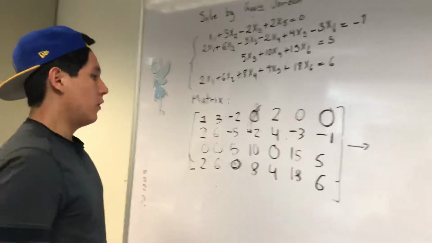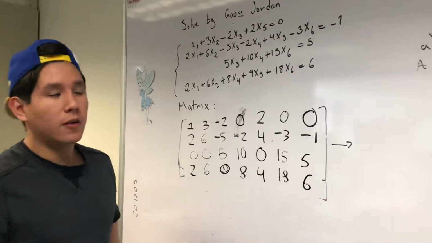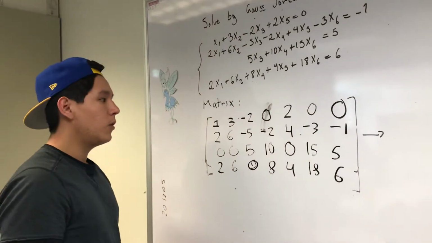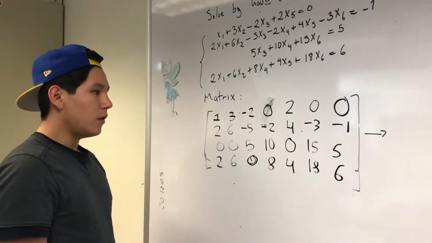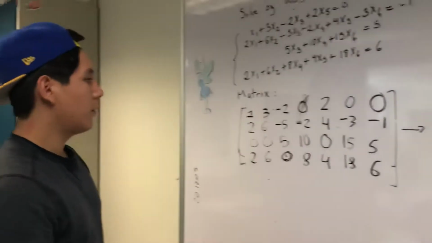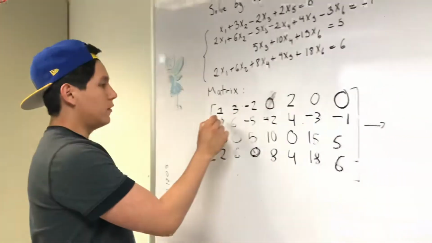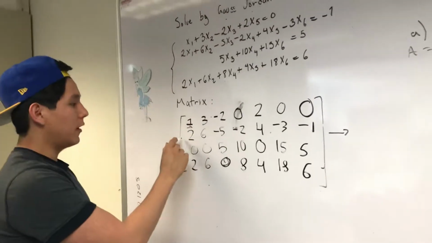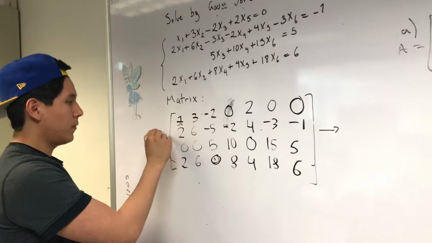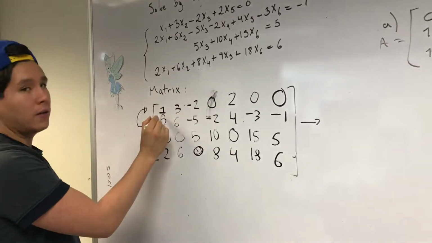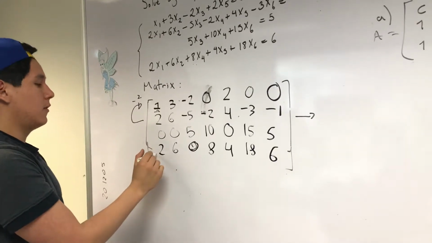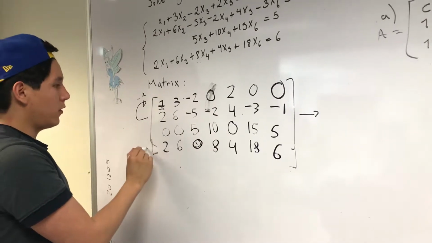Once we have our matrix, we do our Gauss-Jordan elimination as we know it. First, we have to eliminate the zeros below the 1. In this case, we multiply row 1 by minus 2 and add to row 2, as well as row 4.